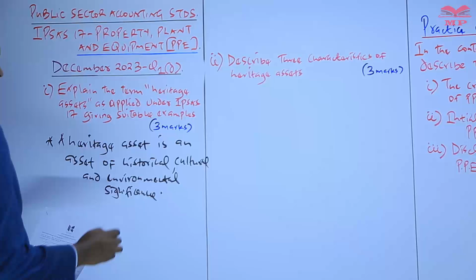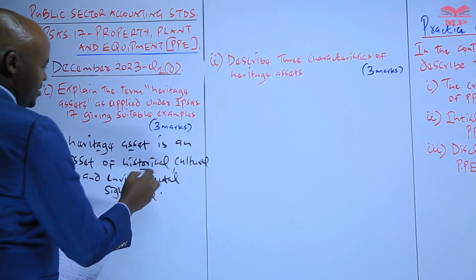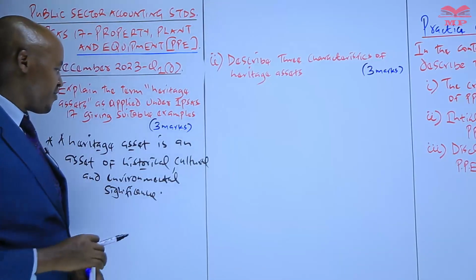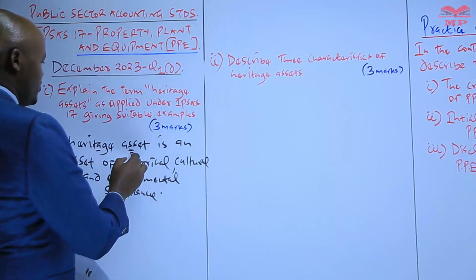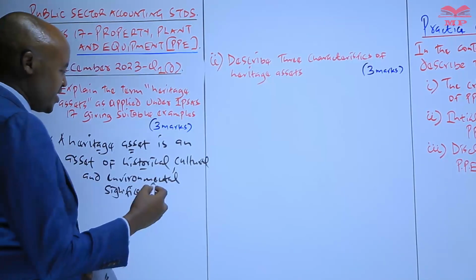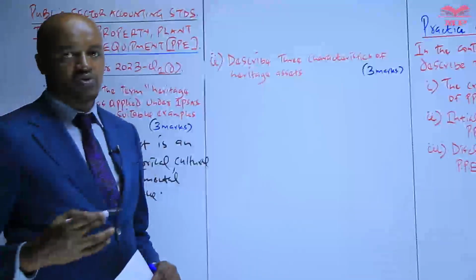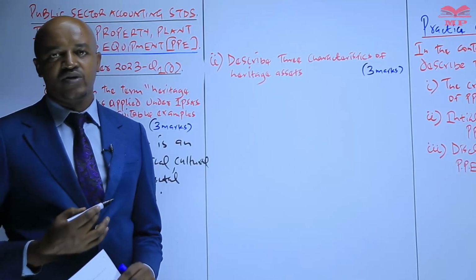So basically any asset which reflects some of the events which occurred in the past, or any asset which reflects the culture and also the values which were observed by the communities in the past.